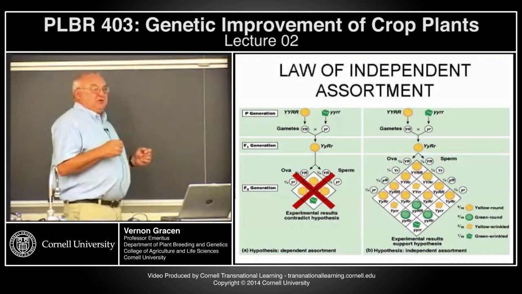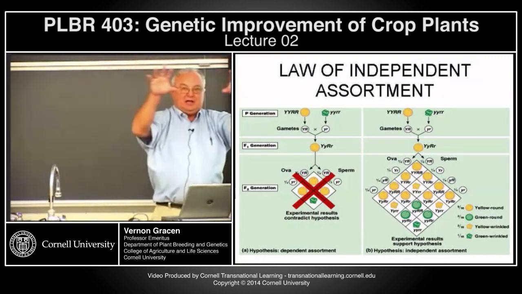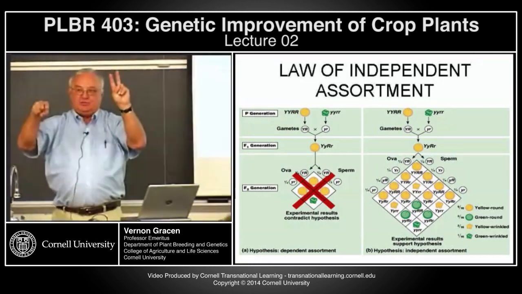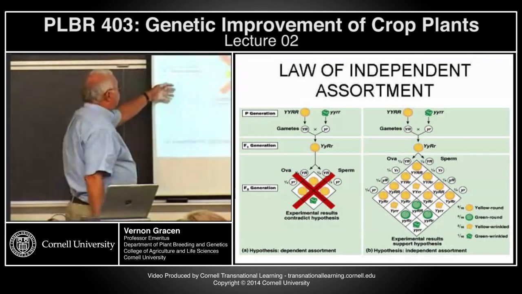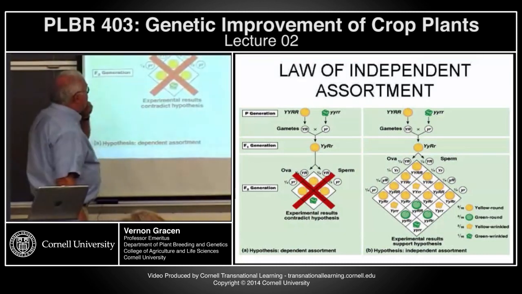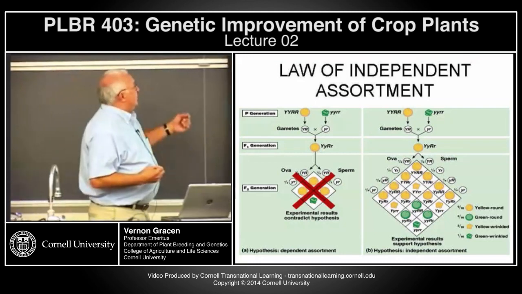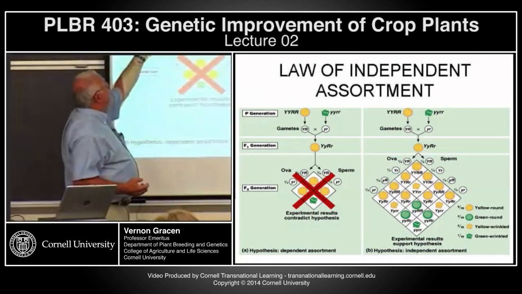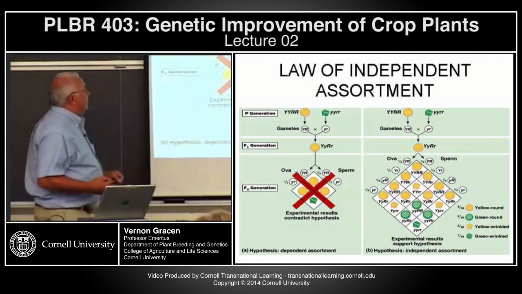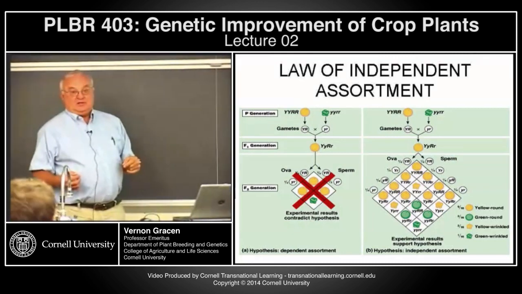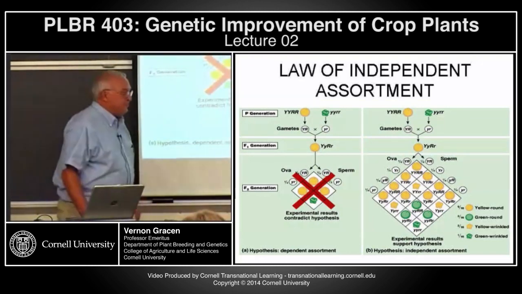So he came up with 2 possible hypotheses for how to explain the inheritance of 2 traits within a cross. And of course, the one hypothesis, which initially would seem to be obvious, is that when you cross the yellow round and wrinkled green, you would get the same 3-to-1 ratio down here in the progeny.